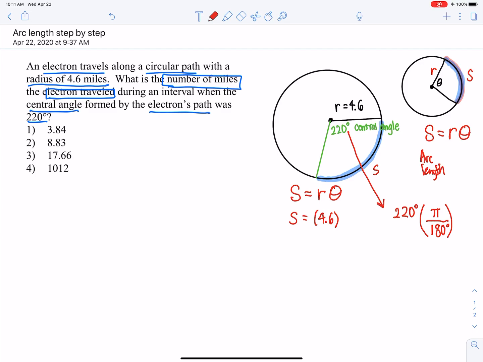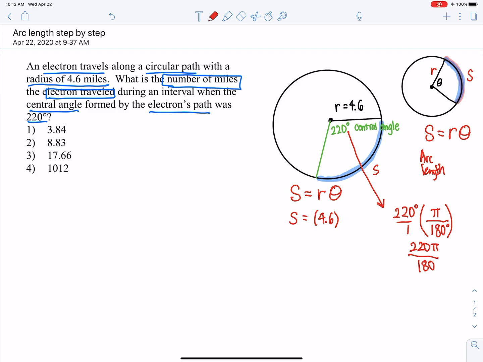That's a conversion. So I'm going to just put this over 1 because this is a fraction, and I want to make this a fraction over 1. So just keep it simple. What you're basically doing is top times top, which is 220 pi, and then 1 times 180 is 180, and then in the calculator I put 220 divided by 180, and I get a decimal.